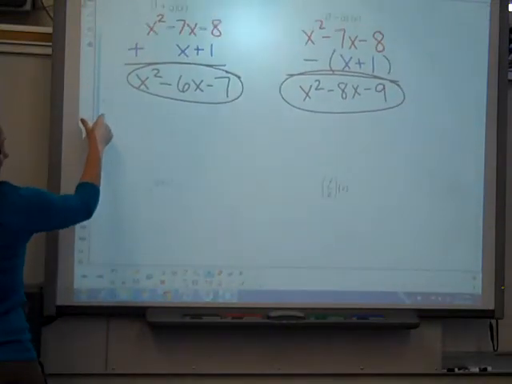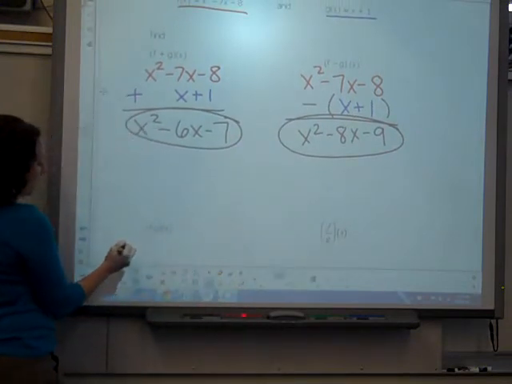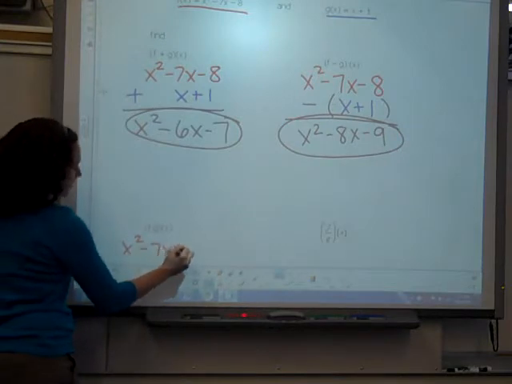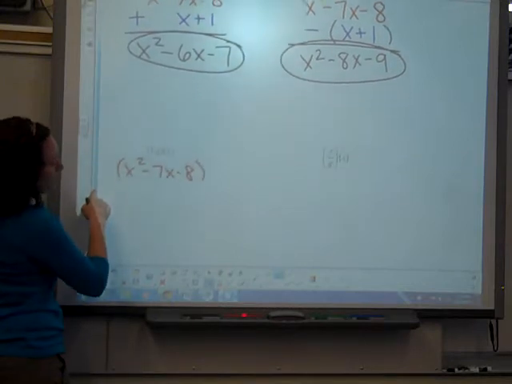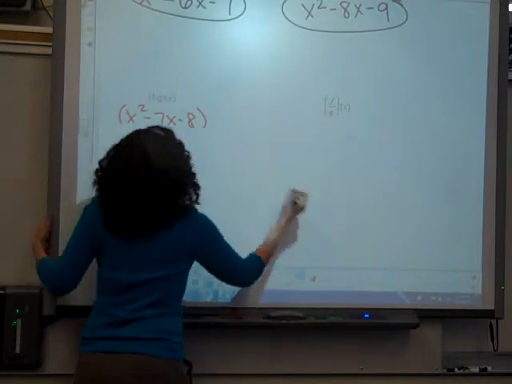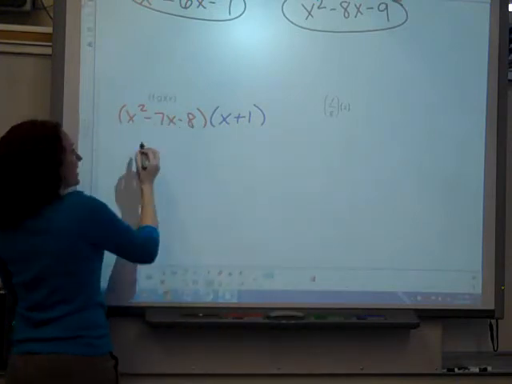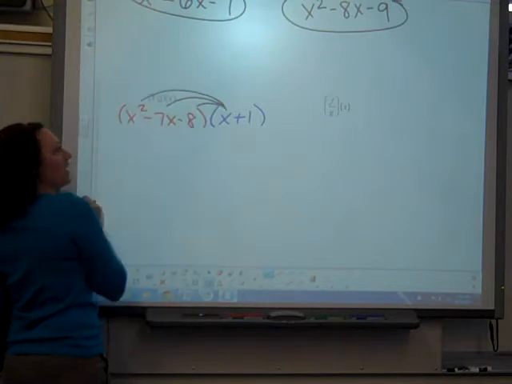Multiplying. Got to make sure I can still see those polynomials though. So if I want to multiply them, I need to multiply x squared minus 7x minus 8 times x plus 1. So first thing I'm going to do is I'm going to take each of these and multiply them times x. Kind of think of it like distributing from the small guy.